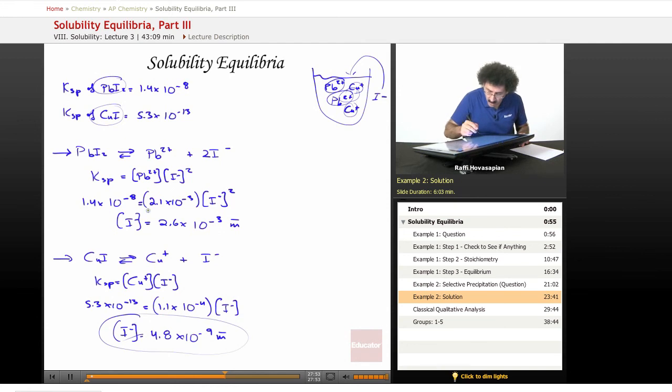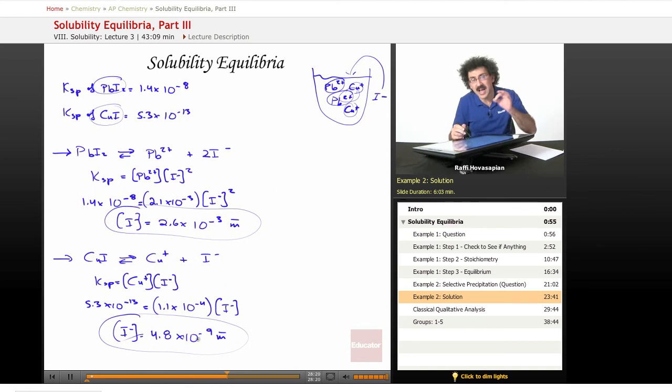Okay, here we go. Here are the two numbers that we need to compare now. As we add iodide to this solution that has lead floating around and copper floating around, these calculations based on KSP and the KSP expression tell me that when the concentration of iodide that I have added equals 4.8 times 10 to the negative 9 molarity, copper iodide will start to form, will start to precipitate as a solid.